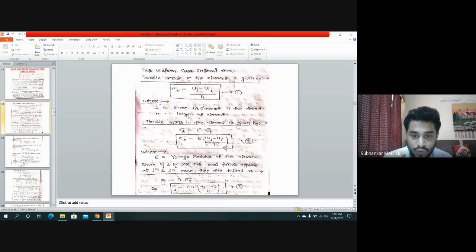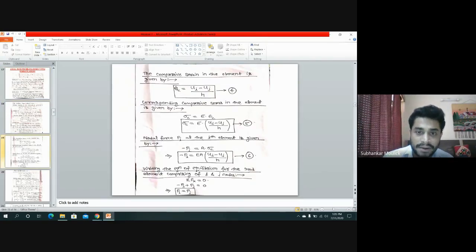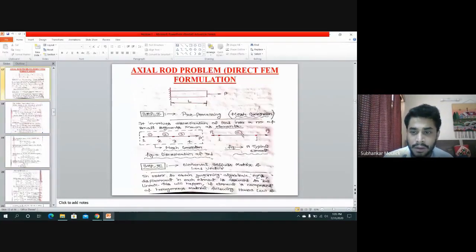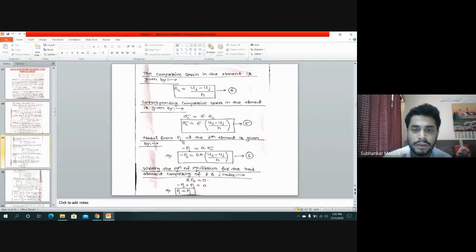Similarly, I have to calculate the compressive strain as well as the compressive stress, which will be applicable at the ith node. Why compressive? Because this node is experiencing compressive force, so the strain and the stress will be compressive in nature. So we found the value of epsilon c as well as sigma c.